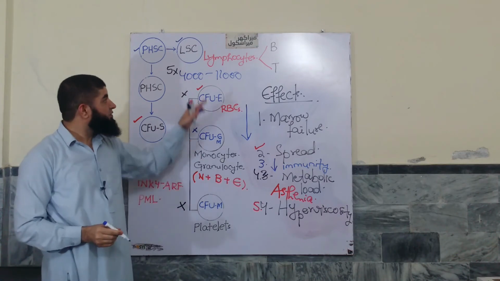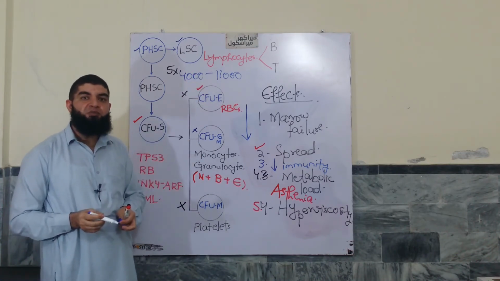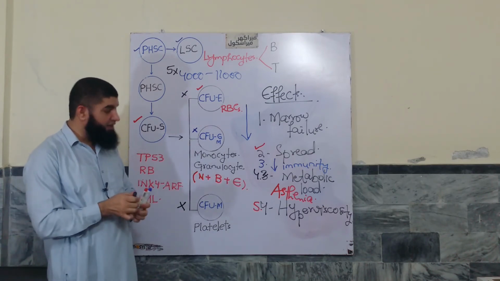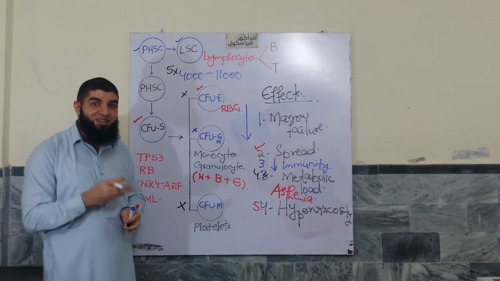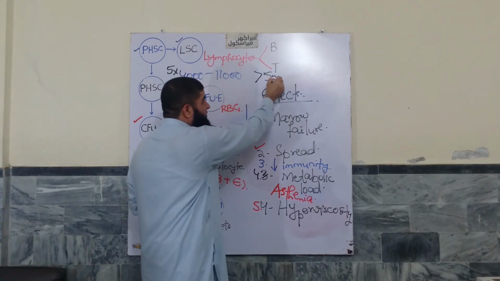We just have 4,000 to 11,000 white blood cells in each cubic millimeter of blood. In contrast, if we compare the number of red blood cells in each cubic millimeter of blood, that is well over 5 million.